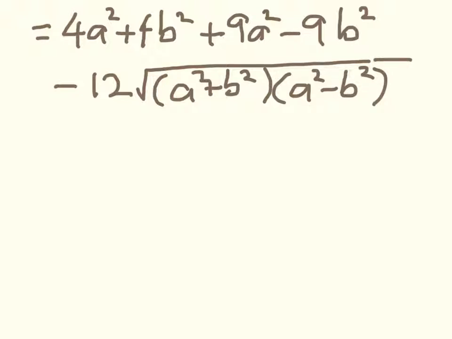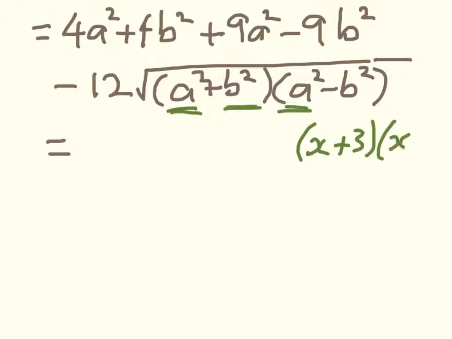Close bracket. Now let's look at what we've got going on in that term there. Well, I've got a difference of two squares, right? a squared plus b squared, a squared minus b squared. When we first saw a difference of two squares, it always had a pattern like this one. So you've got to get good at spotting that pattern.